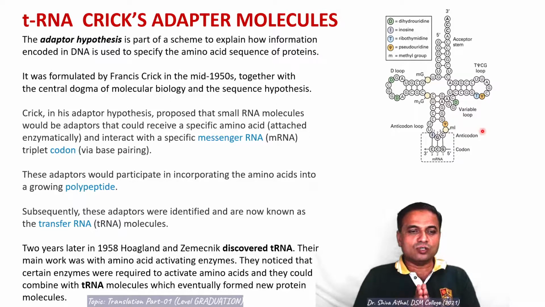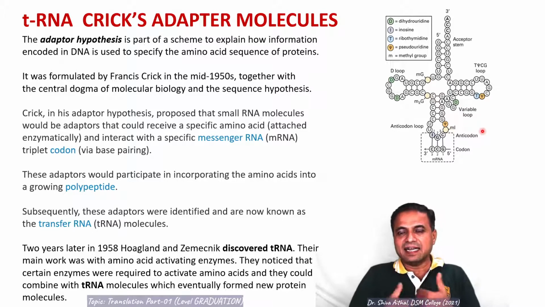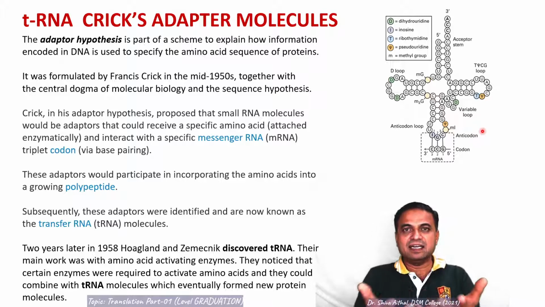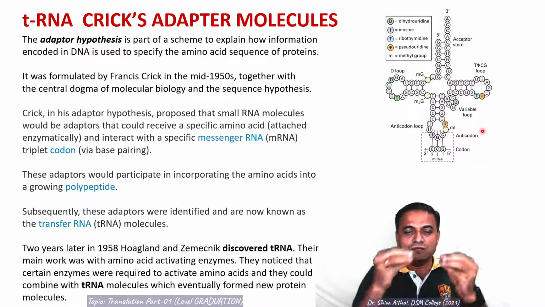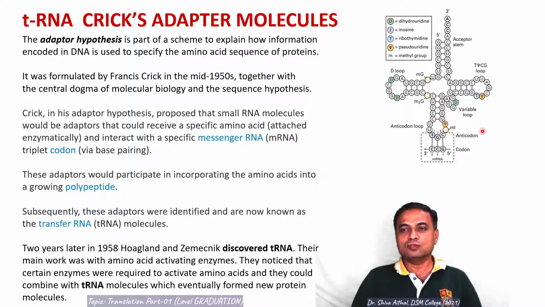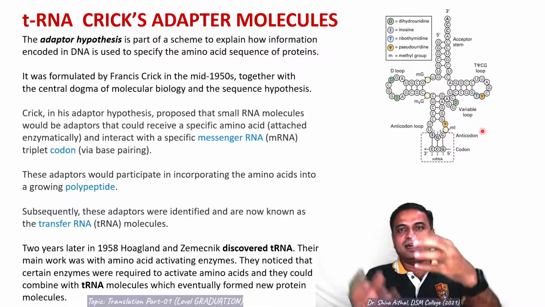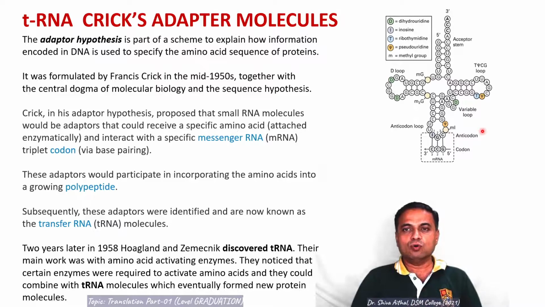Their main work was with amino acid activating enzymes, which activated the amino acids so that these activated amino acids combine with certain molecules, the tRNA molecules. Today we know they were working on aminoacyl-tRNA synthetase, which charges the tRNA. The tRNA has an amino acid bound to it, and brings it to the site of protein synthesis.